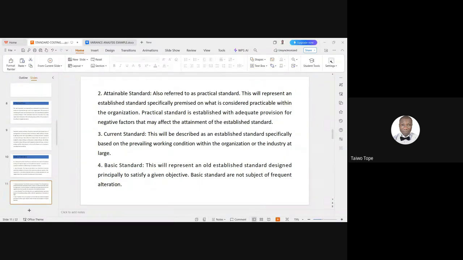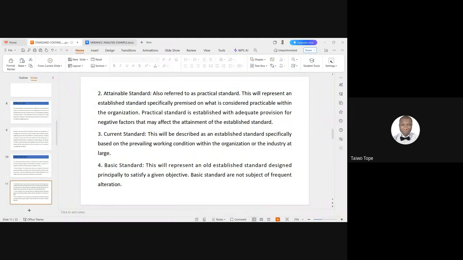So talking about the attainable standard. This is a standard that recognizes efficiency, and the efficiency is in its realistic nature, and that is why it is attainable.